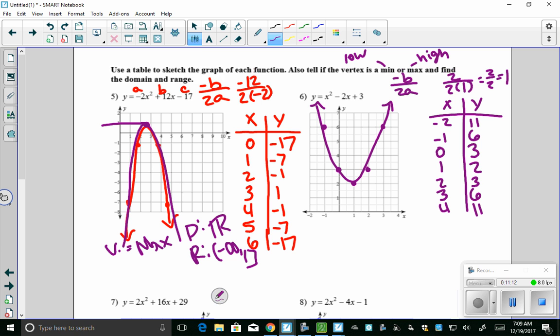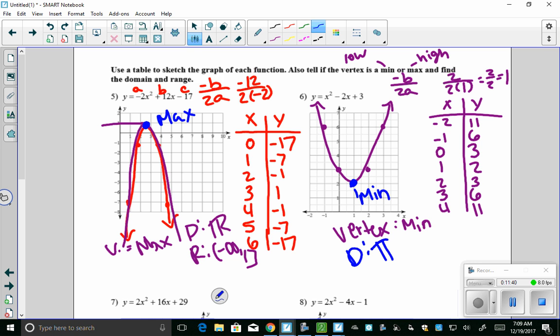So this time, after I graph it, my vertex is now going to be a min because it is on the lowest part of the graph. So that's a min. This is a max.